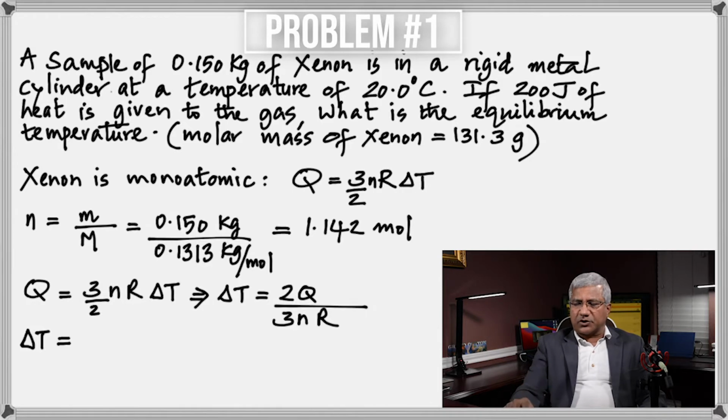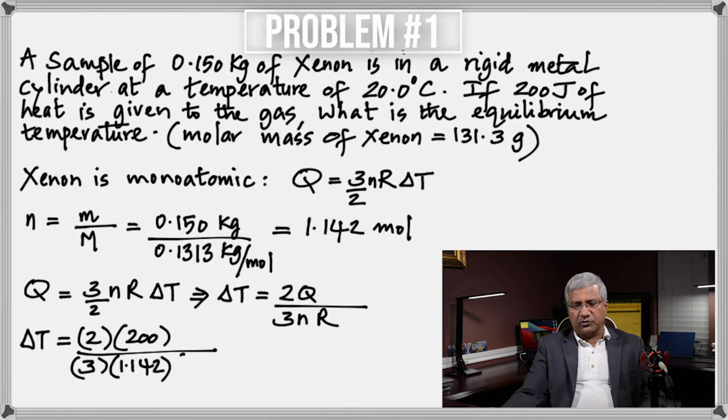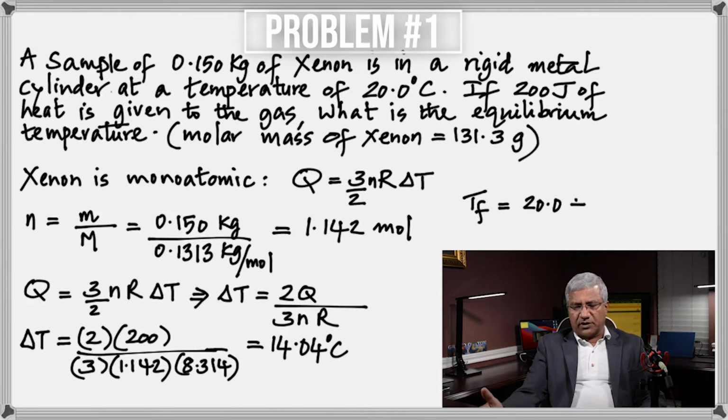And now we can substitute 2 times Q, which is 200 joules, divided by 3 times the number of moles, which is 1.142, times the universal gas constant, which is 8.314. On doing the calculations, we get 14.04 degrees Celsius.